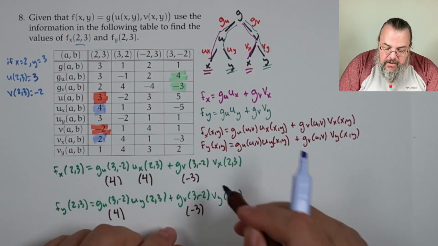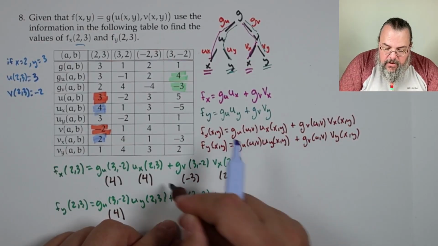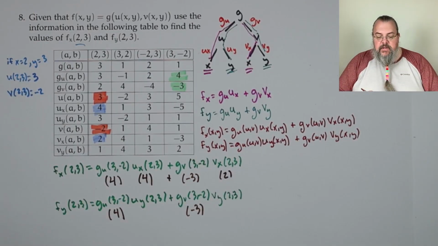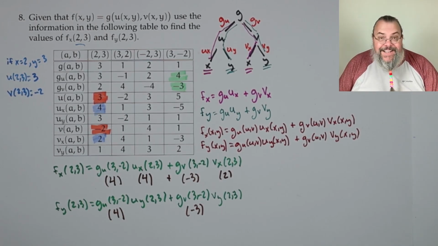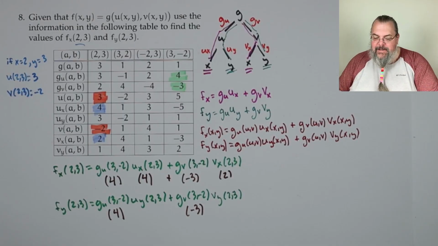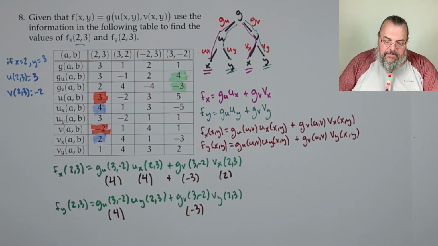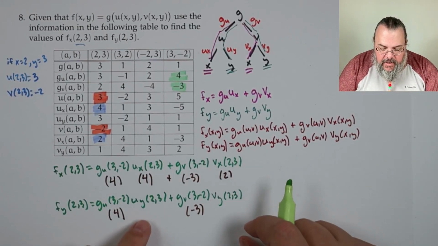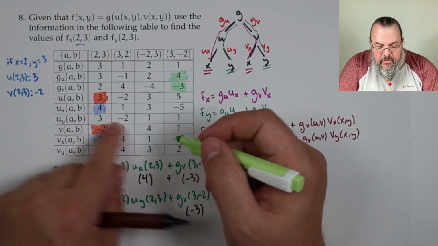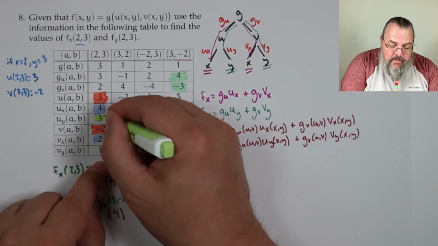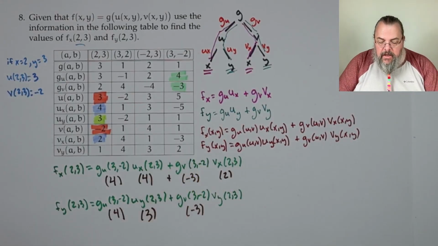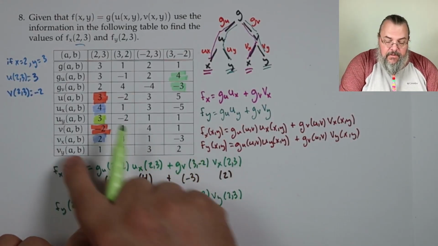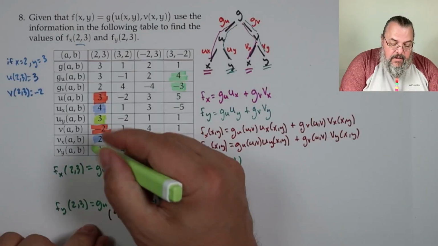So we'll put a 2. And don't forget the plus. And we'll clean that up in a second. But while we're at it, let's finish filling in the last entries. We have u sub y at 2 comma 3. So u sub y 2, 3. That's our 3. So there's a 3 here. And then there's a v sub y at 2, 3. V sub y at 2, 3. And that's a 1.